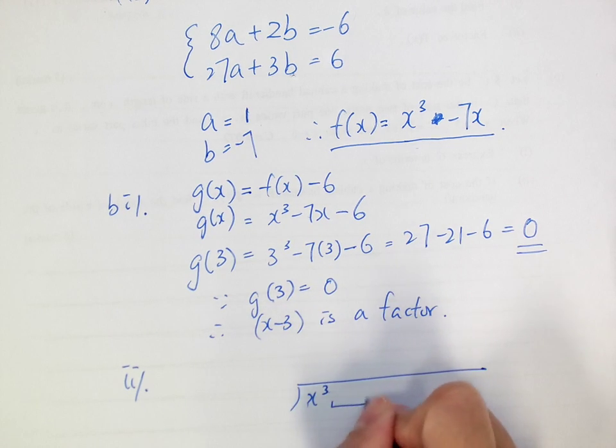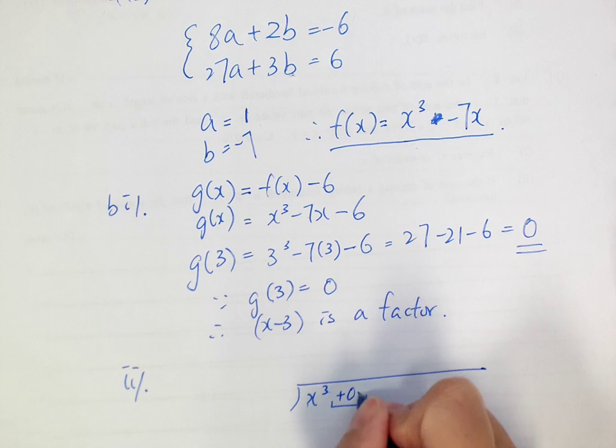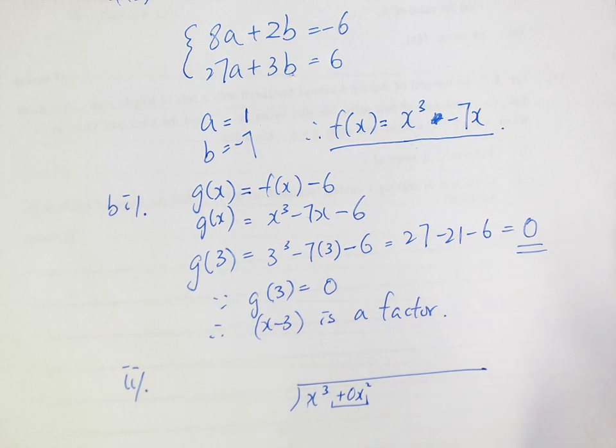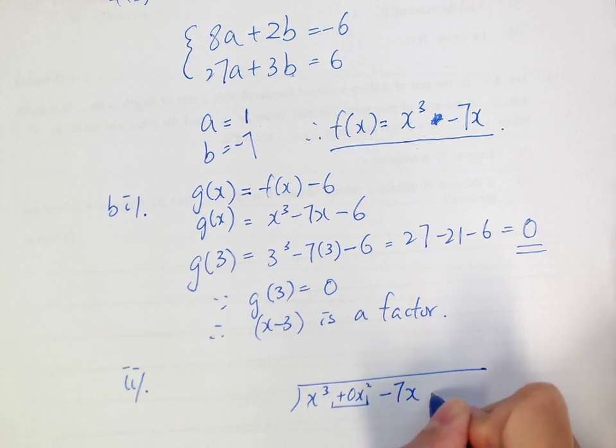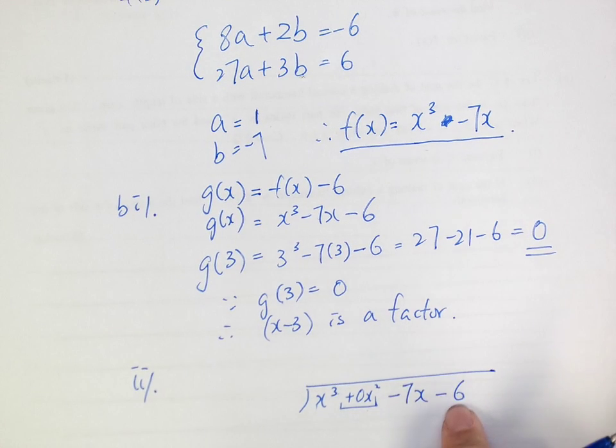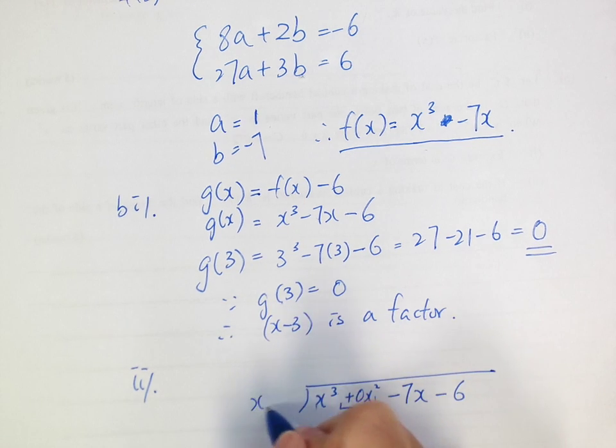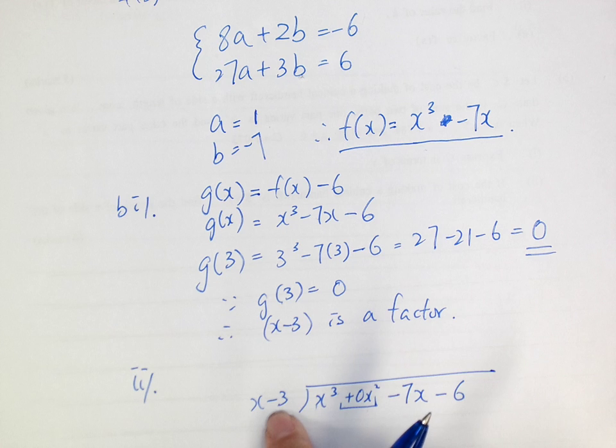Okay, I will leave an empty space between x cubed and 7x because it should be something like 0x squared in between. You don't need to write it down if you don't want to. Alright, then you can continue with minus 7x and minus 6 in the dividend. Alright, you have to divide it by x minus 3 because this is a factor. After you do the long division, your remainder should be 0.